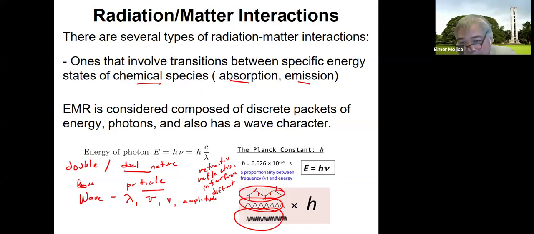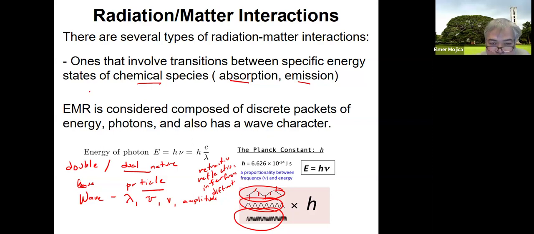They can propagate through vacuum. Right? Yan yung tinatawag natin difference ng acoustic waves doon sa electromagnetic waves. Electromagnetic waves can propagate in vacuum.